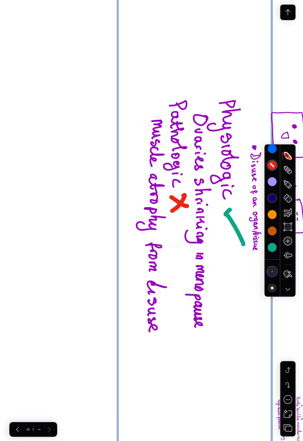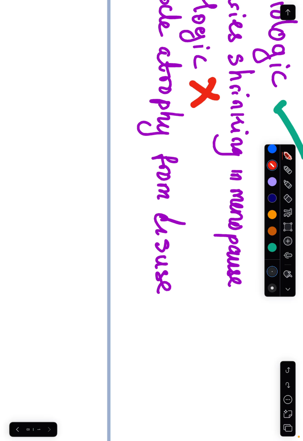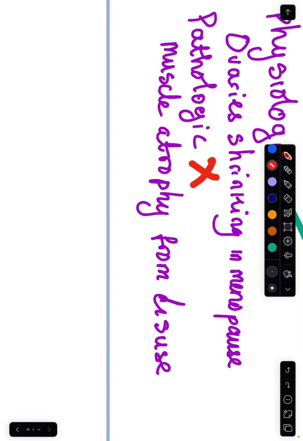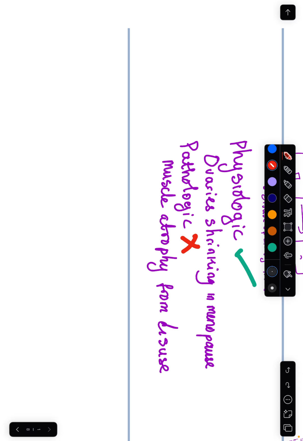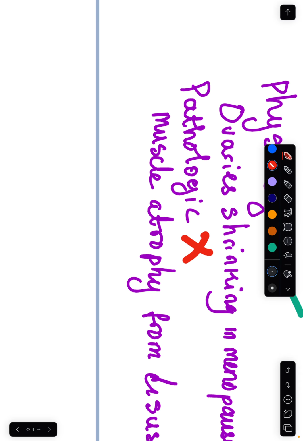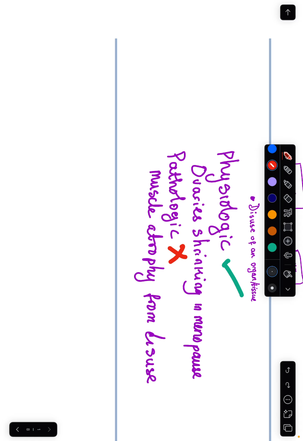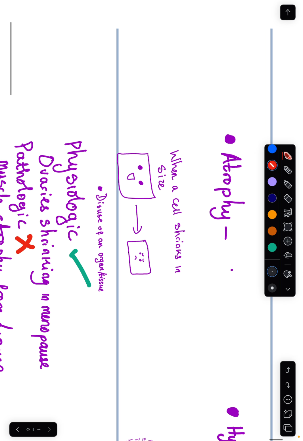While his arms were in a cast, he wasn't able to move them or use his muscles. So by the time his arms are out of the cast, they're going to be smaller because they're atrophying from not being used for such a long time. That's basically atrophy in a nutshell, okay?